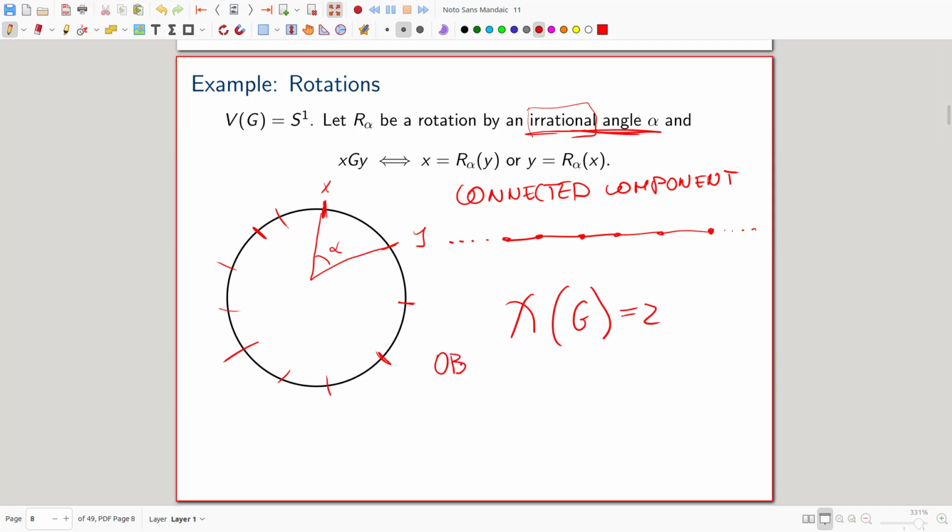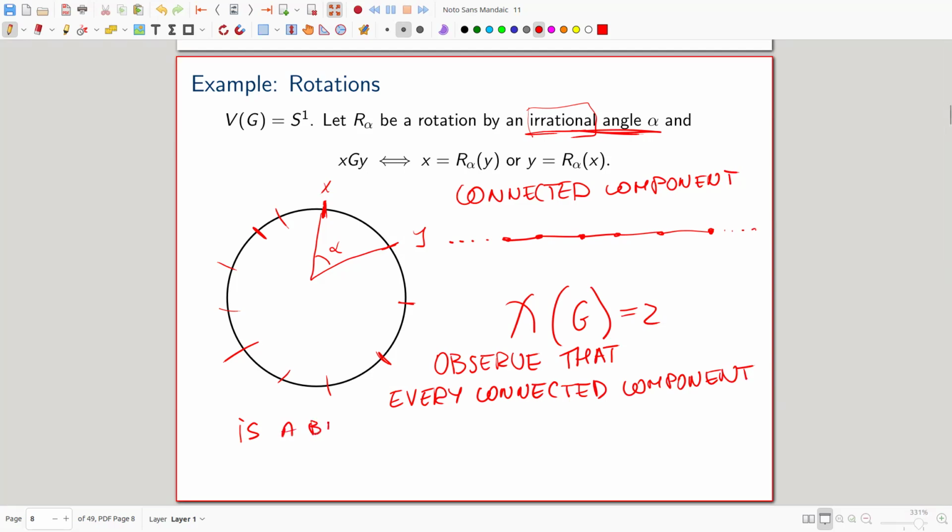So observe also that this is going to be important in a second, that every connected component is a bi-infinite line, and dense, or forms a dense set.